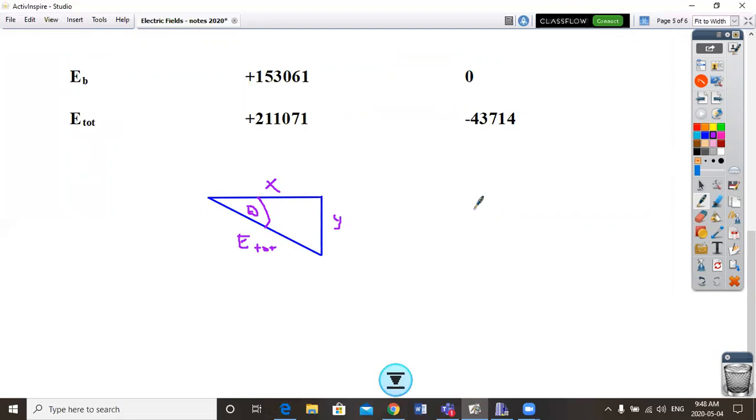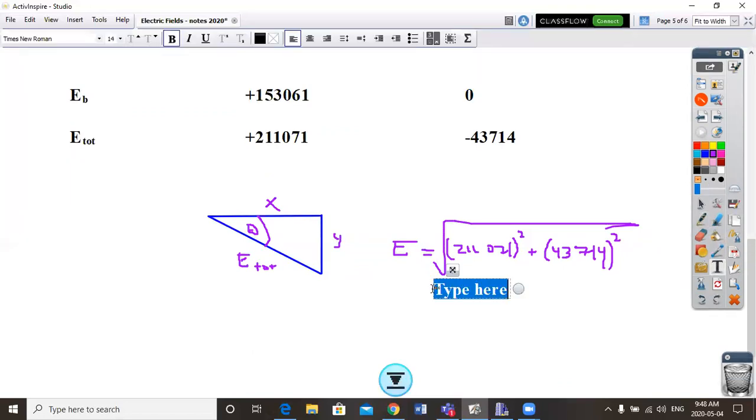Okay, so a squared plus b squared equals c squared. So E will equal 211,071 squared plus 43,714 squared. I don't feel like typing this, sorry, and then we will take the square root. Okay, but I will type the answer.